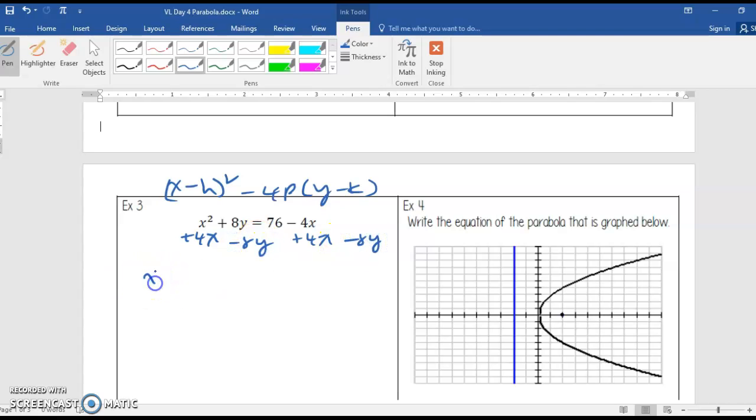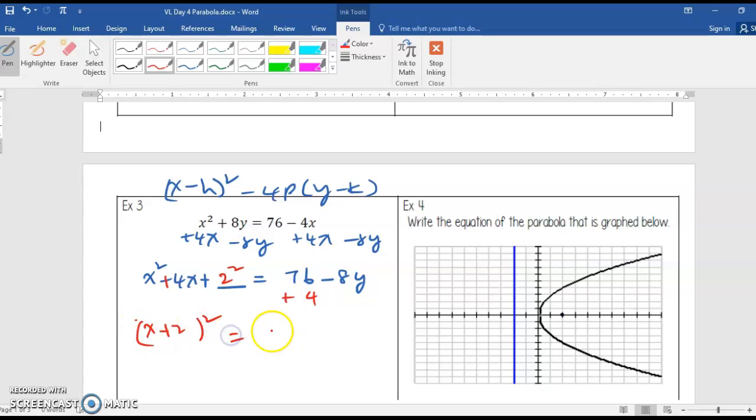So finally you'll get x squared minus 4x, let's put the blank, equals 76 minus 8y. Okay, we want the y to be on the right, correct? So to fill the blank here, half of 4 squared. So we added 4 here, so we're going to add 4 on the right also. So the equation now would be x plus 2 squared equals negative 8y plus 80.